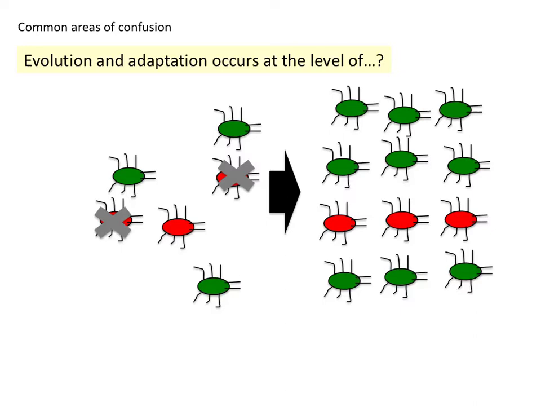For example, in the previous part of this lecture, we talked about how beak size got larger in finch populations, and that is an adaptation. Those larger beaks are an adaptation to survive better in drought conditions. So both evolution and adaptation occur at the level of populations. Evolution acts on populations, not on individuals. Very important to remember that.